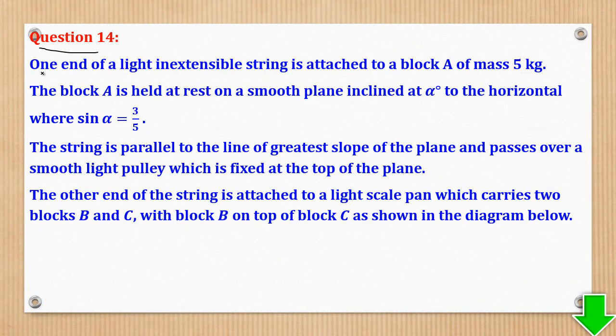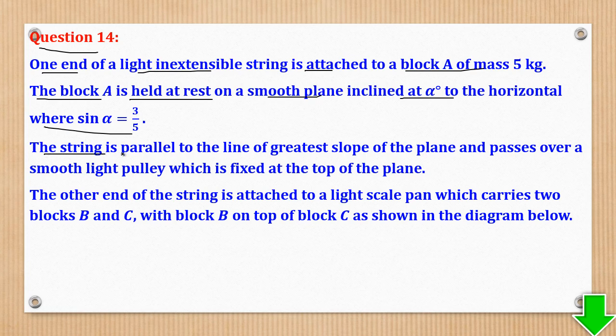Then question 14. One end of a light inextensible string is attached to a block A of mass 5 kilograms. The block A is held at rest on a smooth plane inclined at alpha degrees to the horizontal, where sine alpha is that.